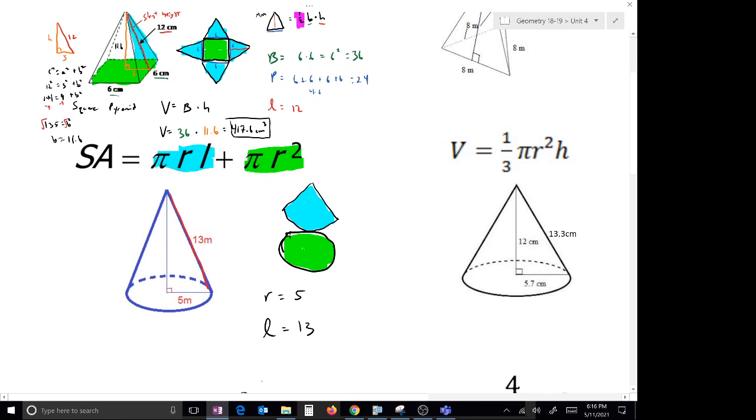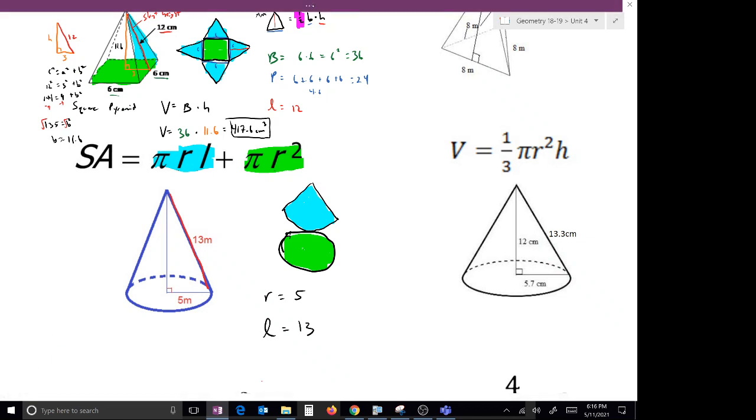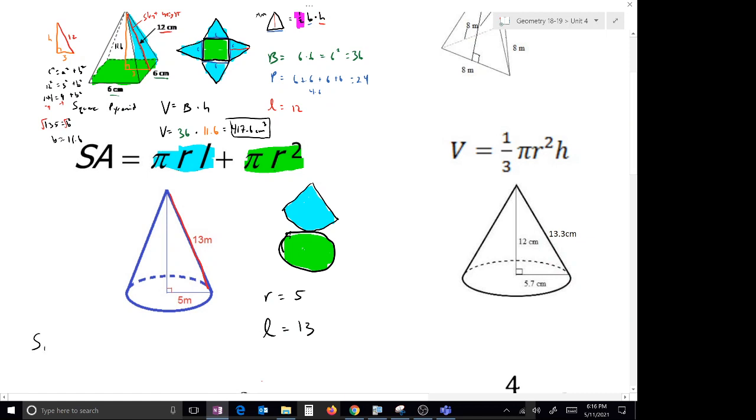Okay, let's calculate our surface area. Surface area is going to be equal to pi times 5 times 13 plus pi times 5 squared.